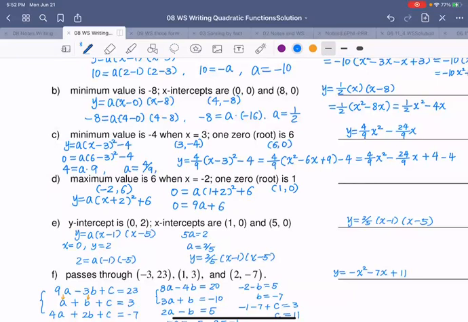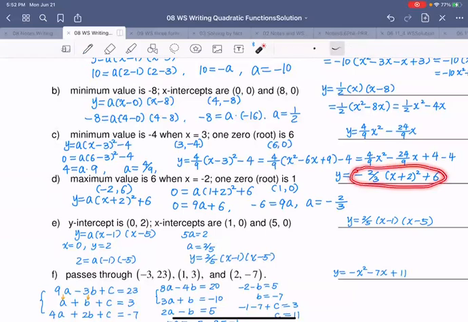You subtract 6 from both sides, you get a is equal to -2/3. So y equals -2/3 times (x plus 2) squared plus 6. Okay, that makes sense.